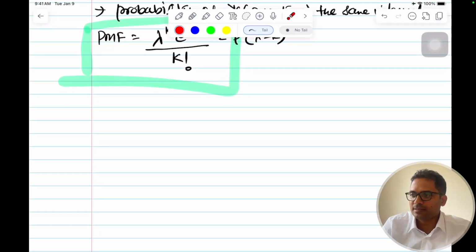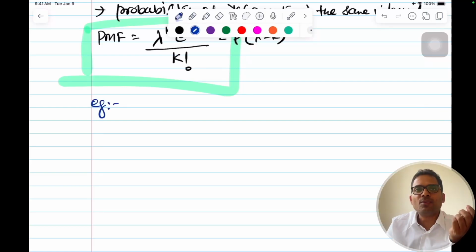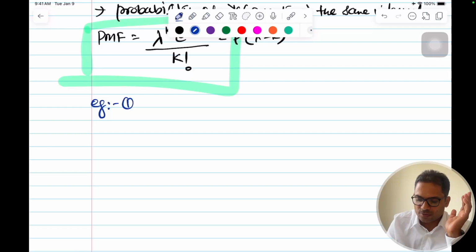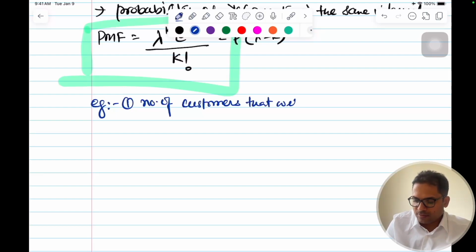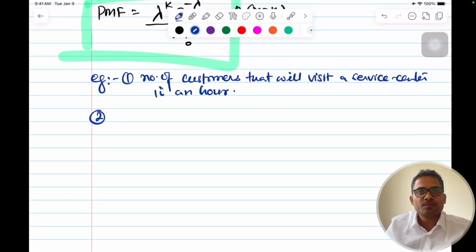Let me give you a quick example. Generally this is used to model, for example, the number of customers that will visit a service center, say any mobile company service center, in an hour. You want to model this, Poisson distribution can be used, or it's also called a Poisson process.